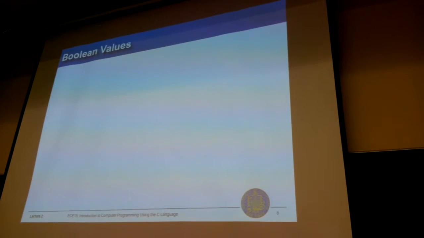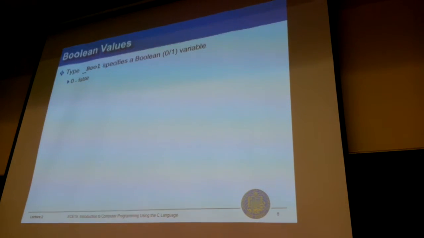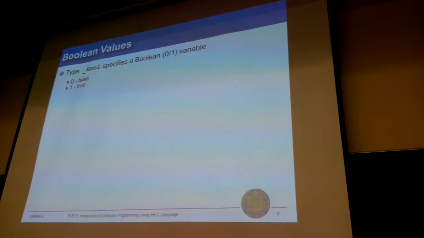And there's a new data type called the Boolean that we'll introduce. The Boolean type is specified by an underscore BOOL. This is a numeric variable that can only take on the values 0 and 1. Turns out 0 is assigned to false, and 1 is assigned to true.